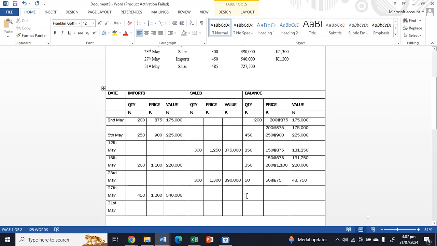So in total we have 500 goods, 50 at 875, then 450 at 1,200.